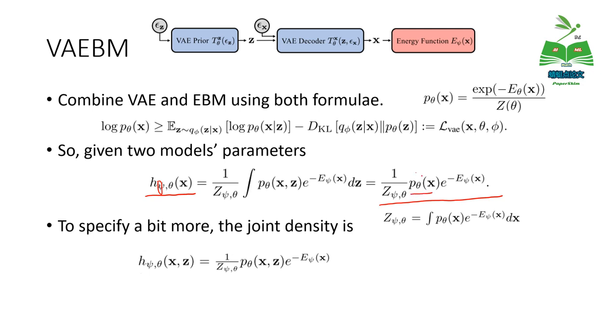This one, p theta of x, is just the VAE's likelihood. And the e to the minus energy phi is very close to the vanilla definition of energy-based model. The only difference is the denominator. Now the denominator has two sets of parameters.